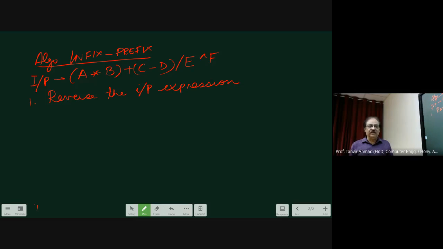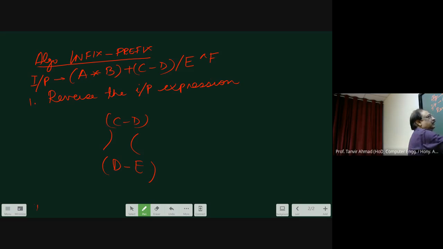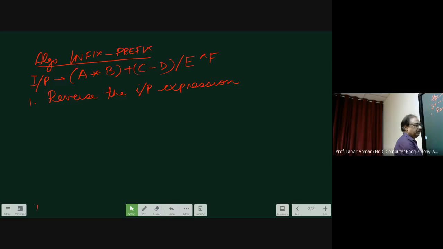Therefore d minus c will come, but the bracket will remain as it is. I do not mean that you will reverse the bracket like this. The bracket will be here only, whereas c minus d will become d minus c. It does not mean that you are going to reverse the bracket also. This is not required. You are just going to reverse the expression such that the brackets are maintained like that.